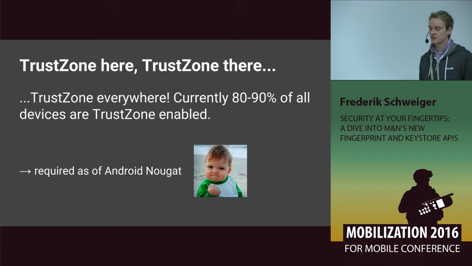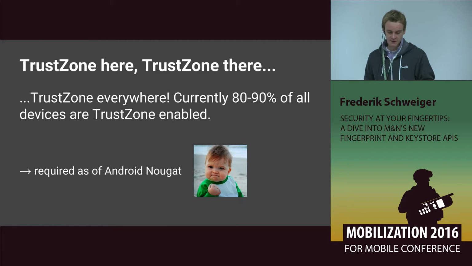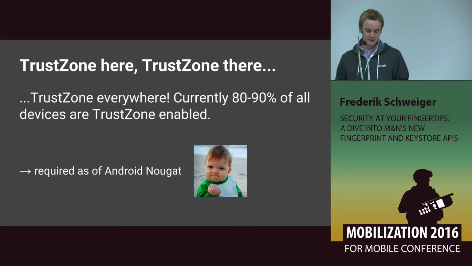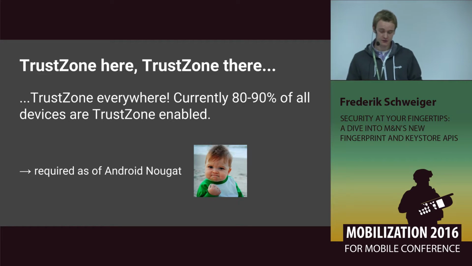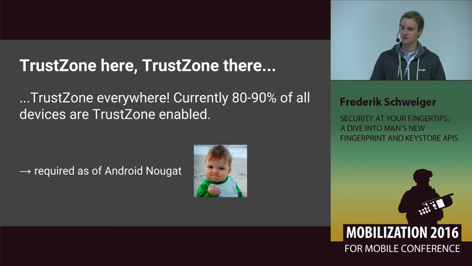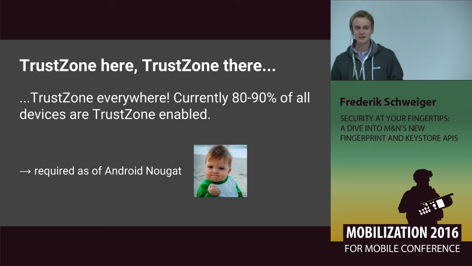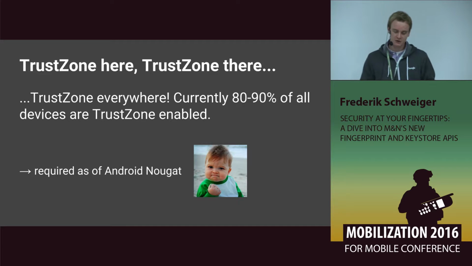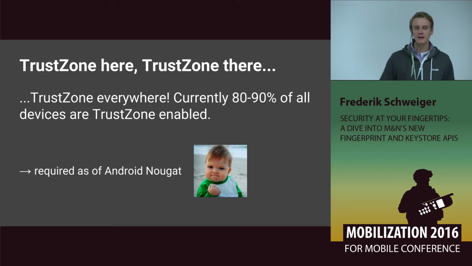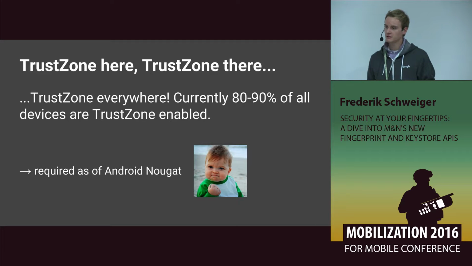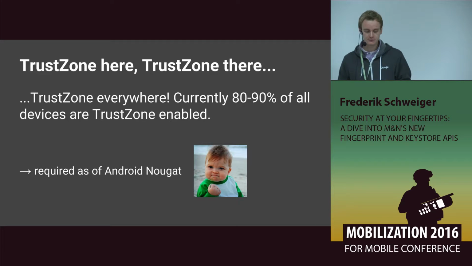So now, TrustZone here, TrustZone there, TrustZone everywhere. This is pretty awesome. 80 to 90% of devices already have this secure environment on board. So there's no need for expensive devices or something like this, because this trusted environment is also used to play digital rights protected media.